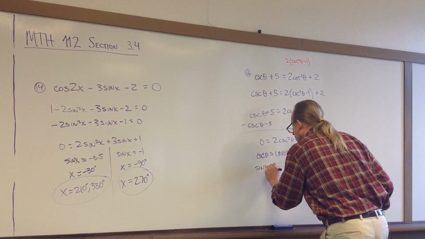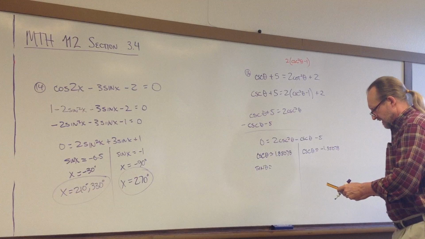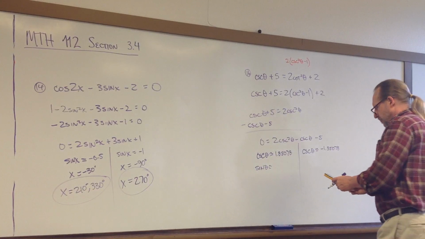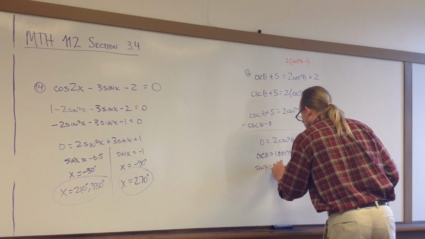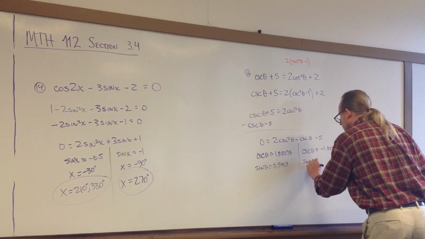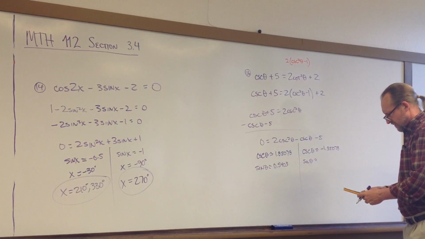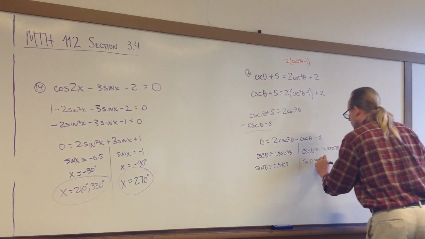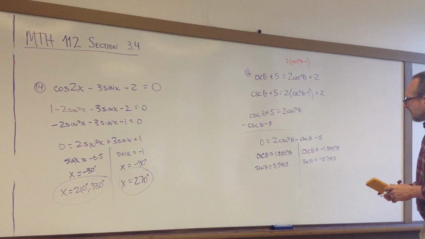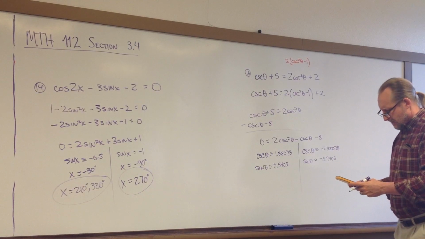And so then we want 1 divided by that root, 1.85078, which is 0.5403 approximately. And then this one over here, 1 divided by that root, negative 0.7403 or so.